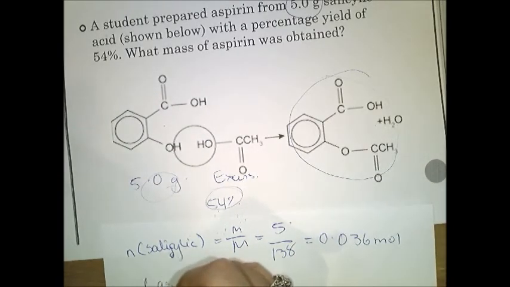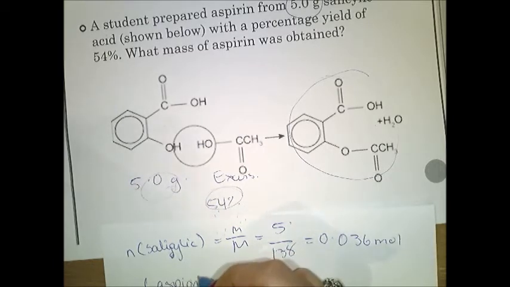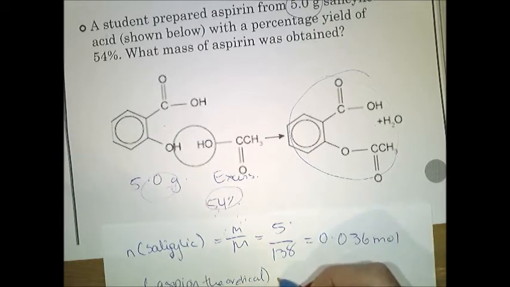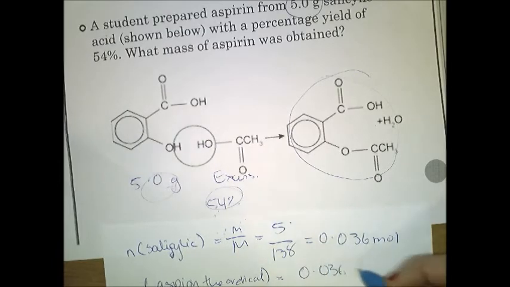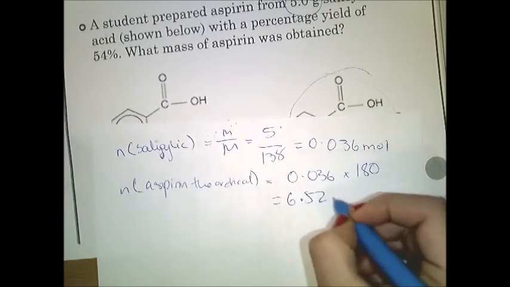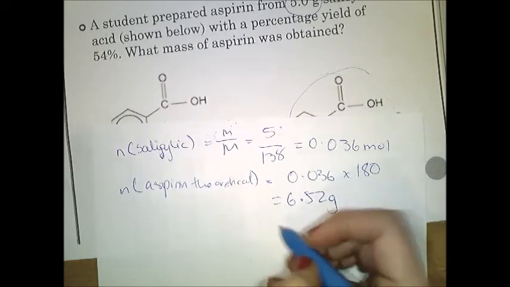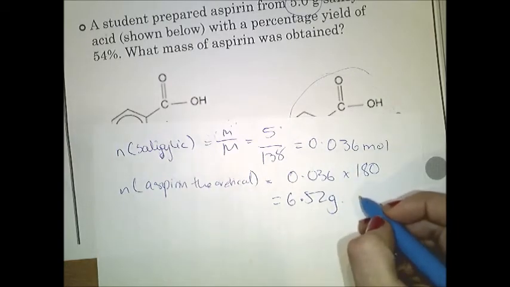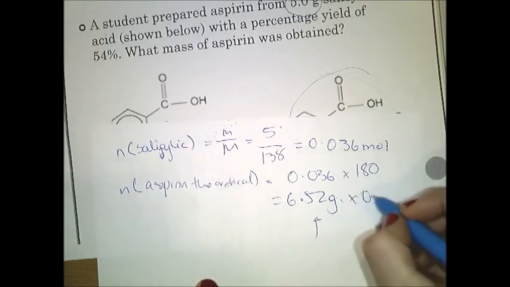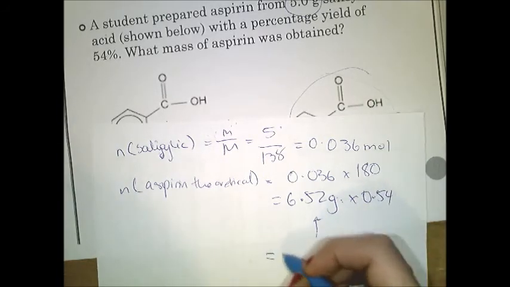Now the moles of aspirin, which should be produced, so it's quite theoretical: 0.036 times the molar mass of aspirin, 180, equals 6.52 grams. Now basically only 54% of that theoretical mass is going to be produced, so times 0.54 equals 3.5 grams.